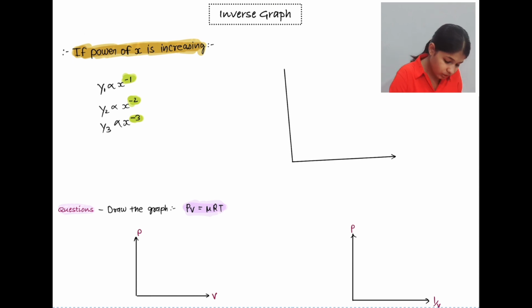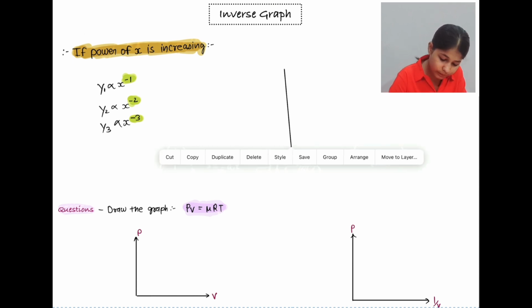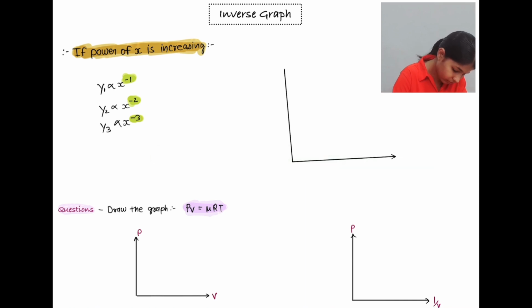So if I need to plot the graph, I'm just going to draw it. You just have to focus on it. Okay. This is the y-axis. This is the x-axis.